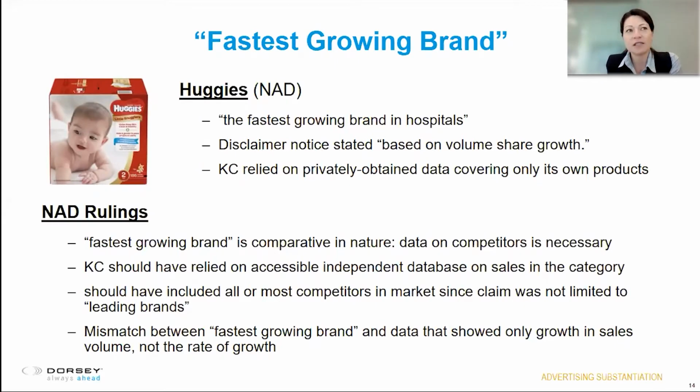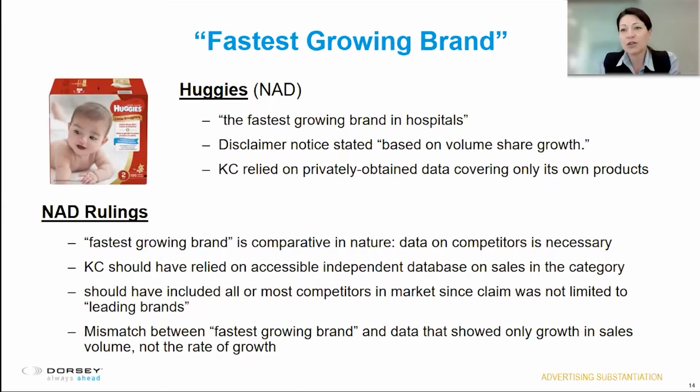And then there was a case at the NAD related to Bissell that Bissell brought against, I can't remember the company name, but it was about carpet cleaning. And the claim had something to do with the best or the leading brand in carpet cleaning. And Bissell said, well, wait, the category of carpet cleaning also includes vacuums and not just these products you put on carpets and then you scrub the carpet with.